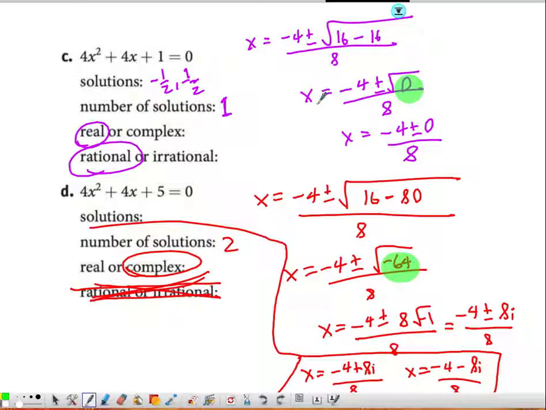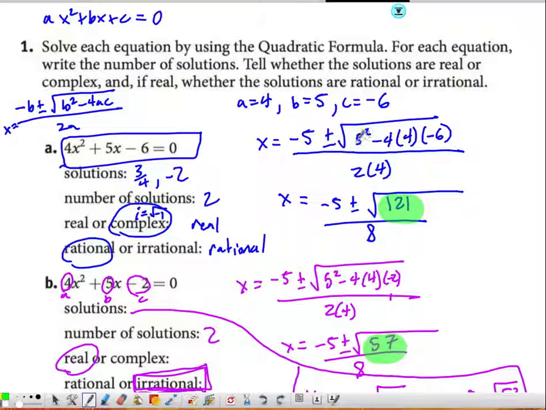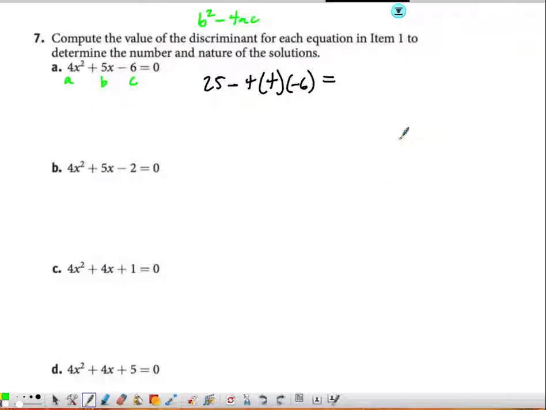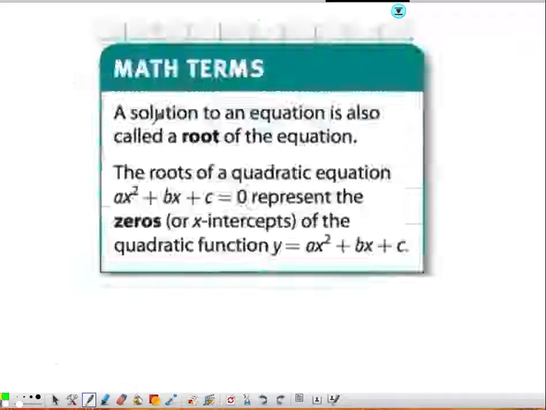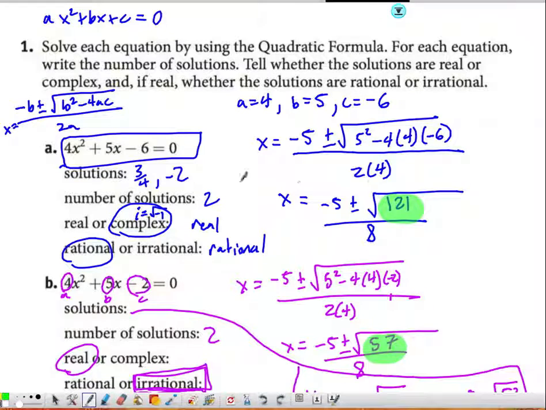Yes, we just did this. Here it is again. 5 squared minus 4 times negative 6. Exactly the same thing I have here. So let's just look back at our original ones. When we did this, it turned out to be 121. So the discriminant is 121.